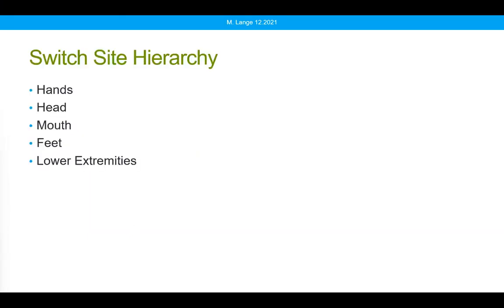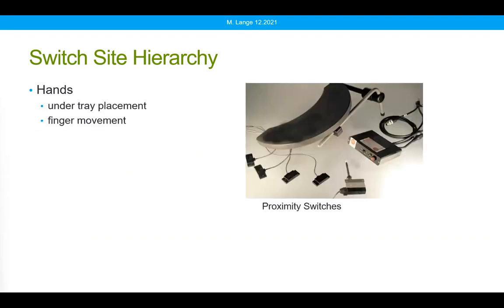Let's do switch placement here. So again, some of our other courses that we've had about switch assessment that you could find at AbleNet University go into more detail about a switch site hierarchy, and you might want to check those out. We have one that's just all about determining where to put a switch, but we're going to again just focus here on people with muscle weakness.